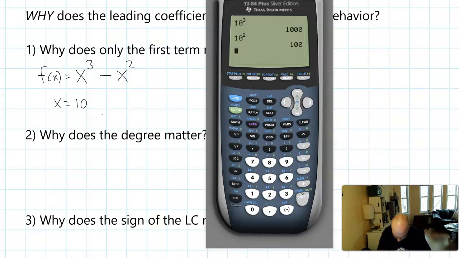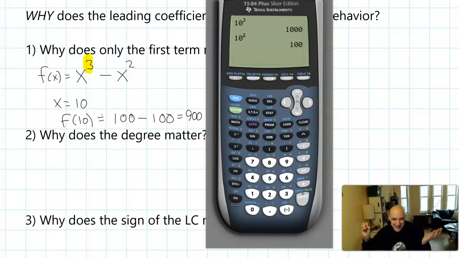So if x is 10, then f of 10 is 1,000 minus 100, which is still 900. And the idea is that this exponent, even when x is 10, which is not very big, is taking an additional power of that big number. That term is just going to be completely in control. It doesn't really matter that I'm subtracting 100 when I have 1,000.